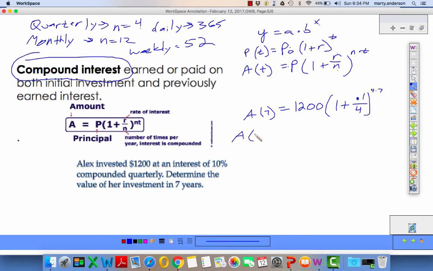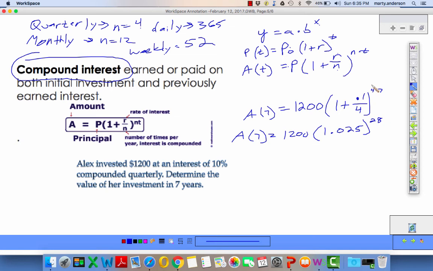So really my problem is 1,200 times 1.025 to the 28th. Why 0.025? 10% spaced out equally 4 times. 10 divided by 4, 2.5. And then if I'm doing it 4 times for 7 years, 28 times it gets done.